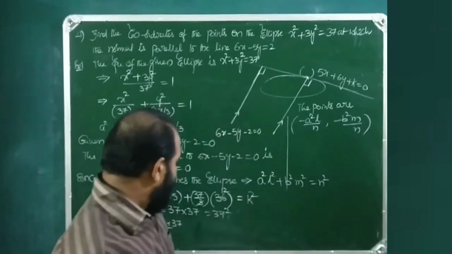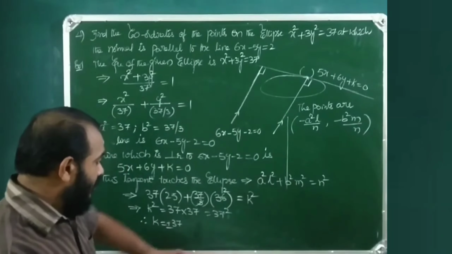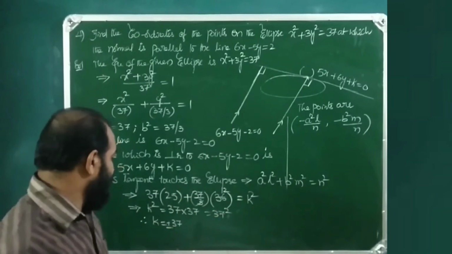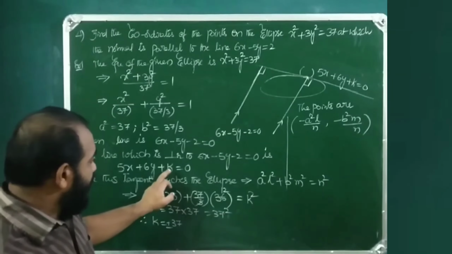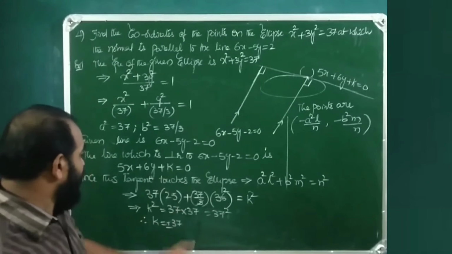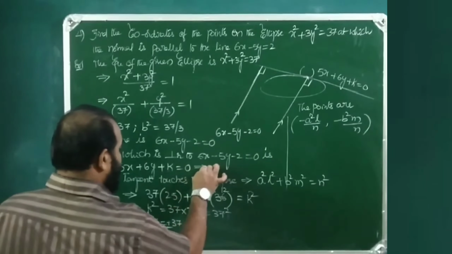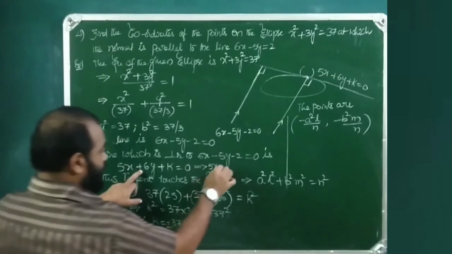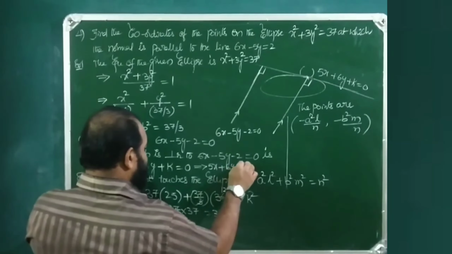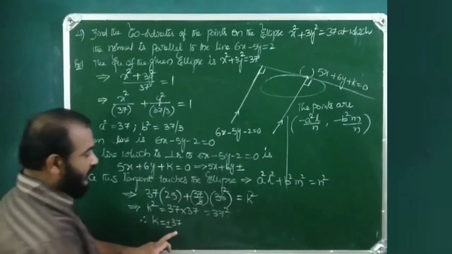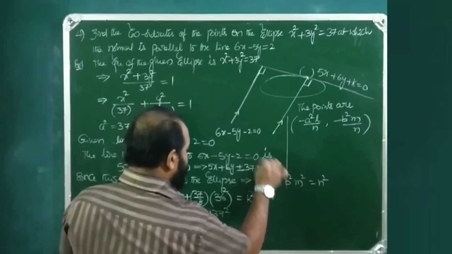What is this n here? This k here is plus or minus 37. That means this is 5x plus 6y plus or minus 37 equals to 0.